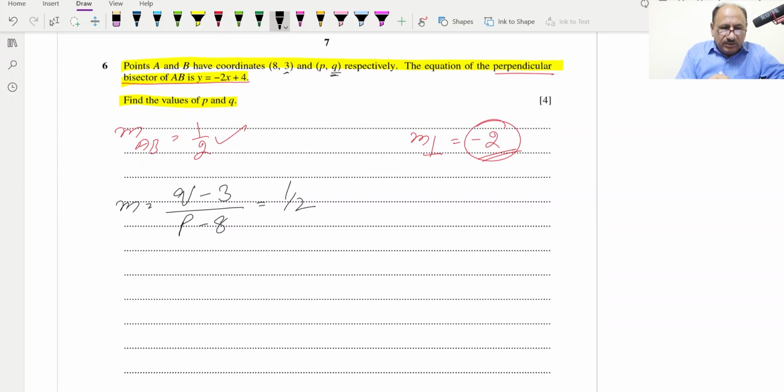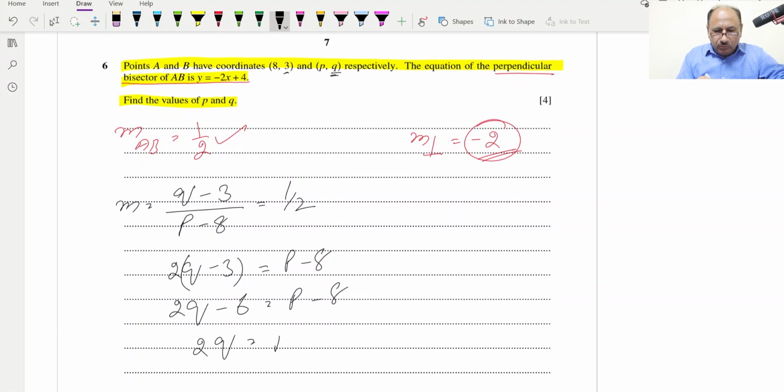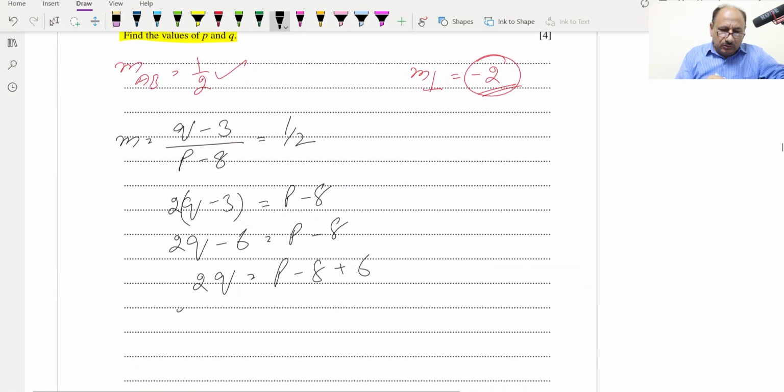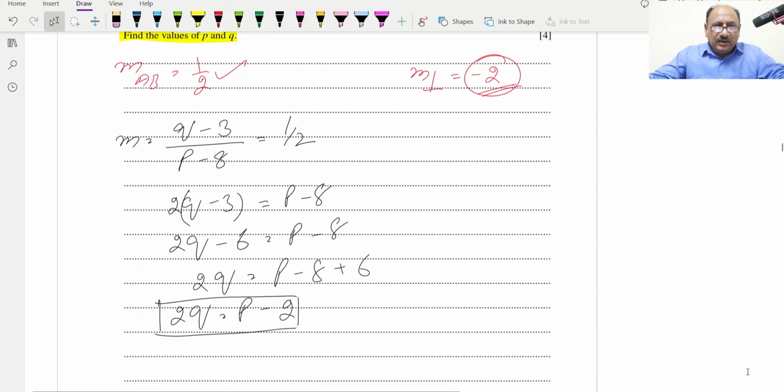We can cross multiply, so it will be 2(q - 3) = p - 8. Opening brackets, 2q - 6 = p - 8, and we can find 2q: 2q = p - 8 + 6, and this will give us 2q = p - 2.